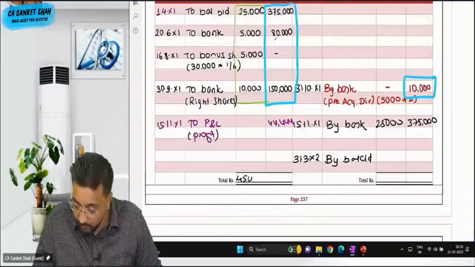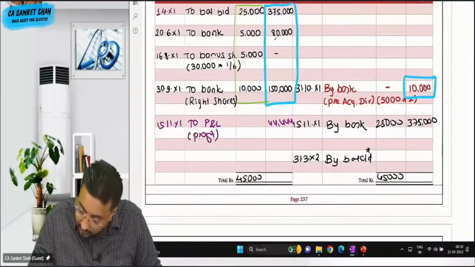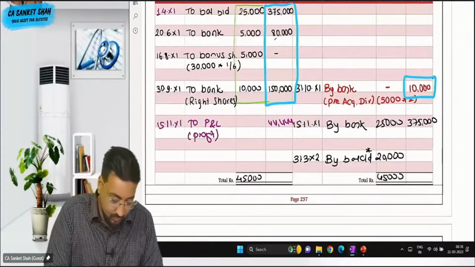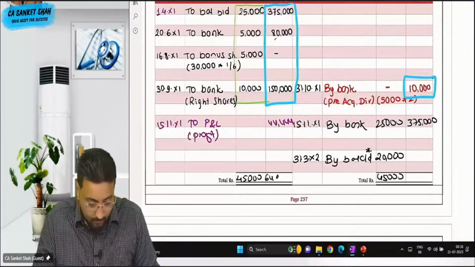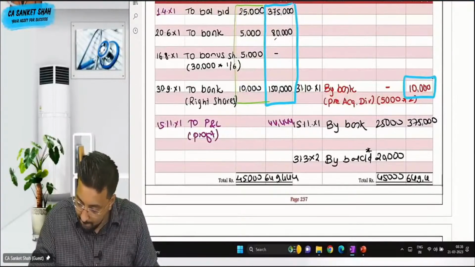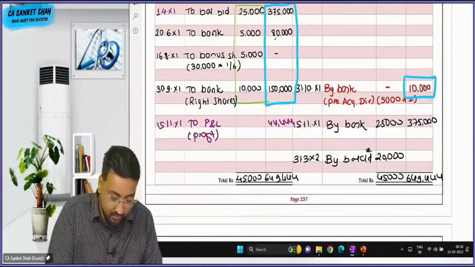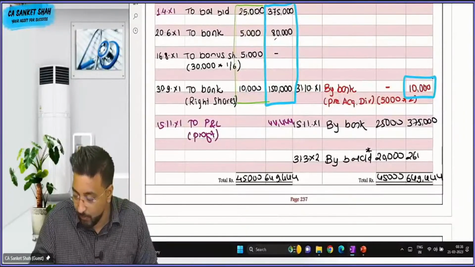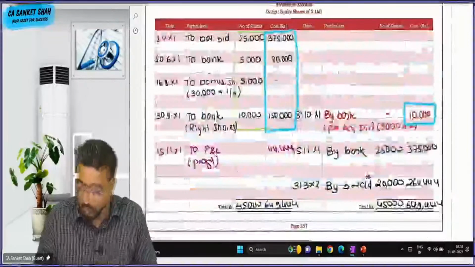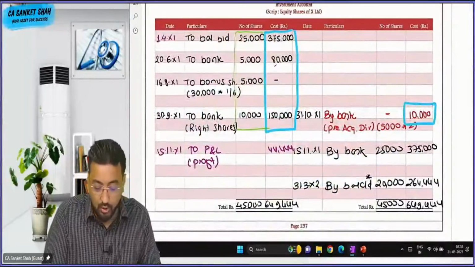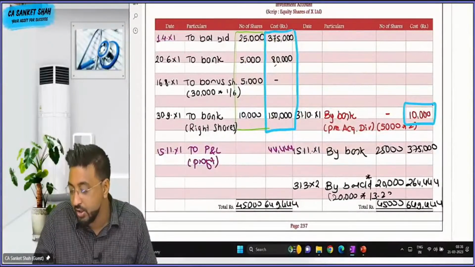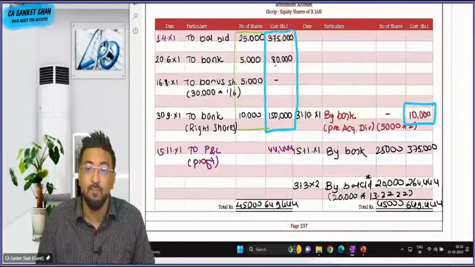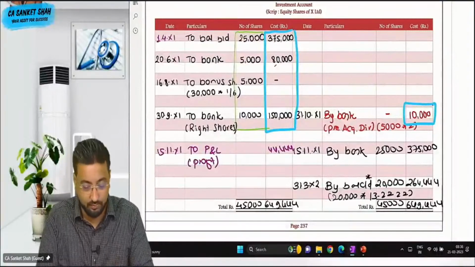The balancing figure is 10 minus 375, 264,444. So 20,000 into 13.2222, you will get the same answer. How is it calculated? 20,000 into cost per share. So this is how you are going to calculate it.